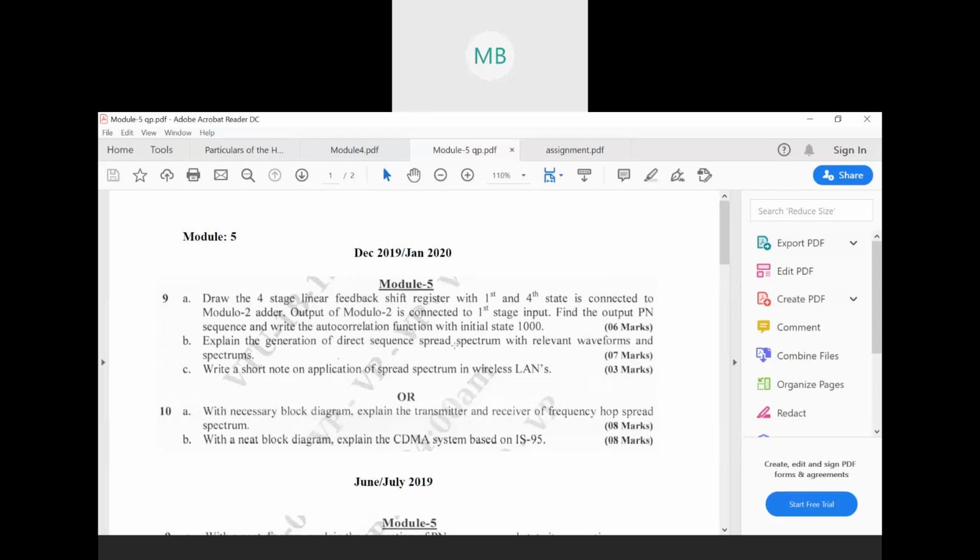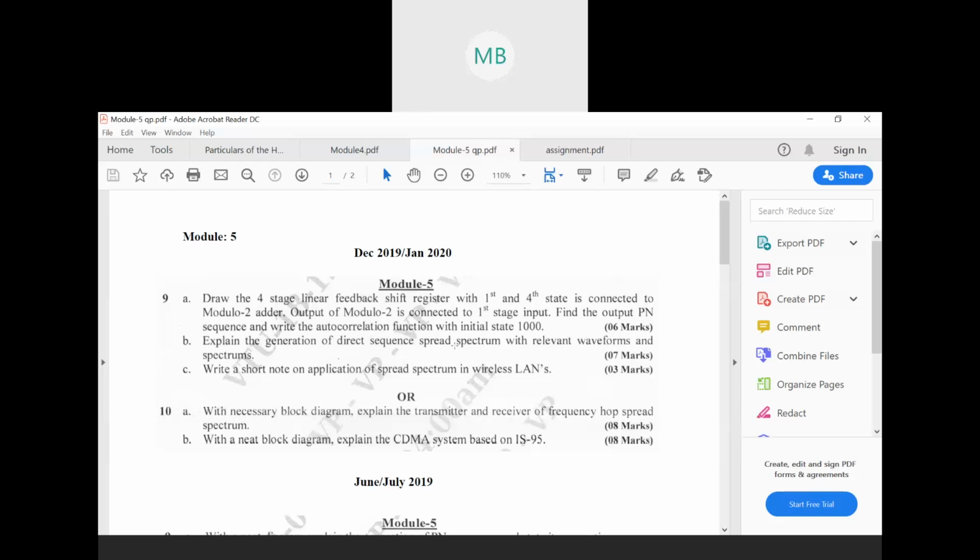Right? Then you draw the spectrum. For that, you need to consider the spectrum of the original data signal. We represent it as V of f, which extends from minus 1 by Tb to plus 1 by Tb. Then the spectrum of the PN signal, we represent it as C of f.